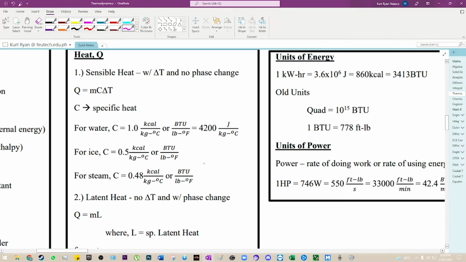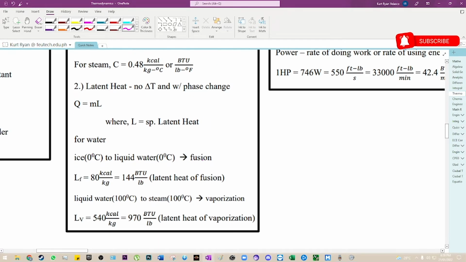For number two, latent heat. For the latent heat, we have no change in temperature, but with phase change. What does it mean? For example, there is water at 100 degrees Celsius. Take note, when the water is at 100 degrees Celsius, it will not automatically become steam, even though it is at 100.